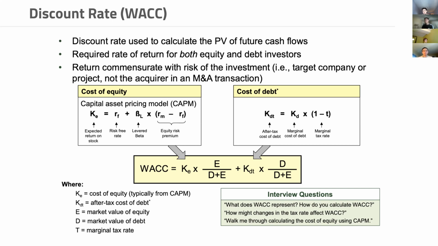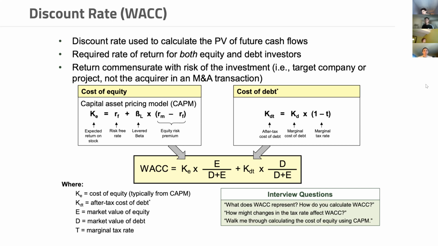And then to wrap it up, we have the WACC. The WACC is really the weighted average, as it might imply by the name. So you have the cost of equity times how much equity you have over the whole company, added to the cost of debt times how much debt you have in the whole company.